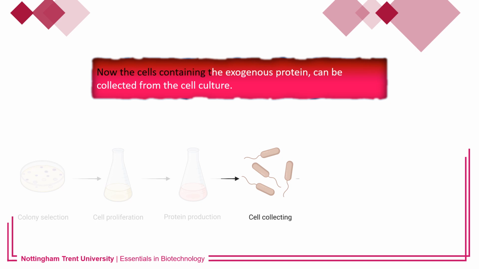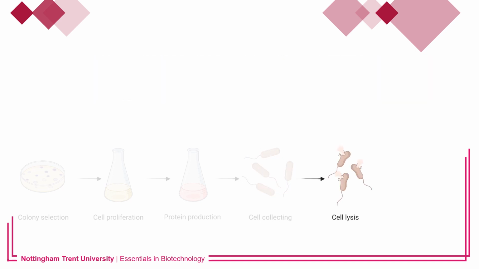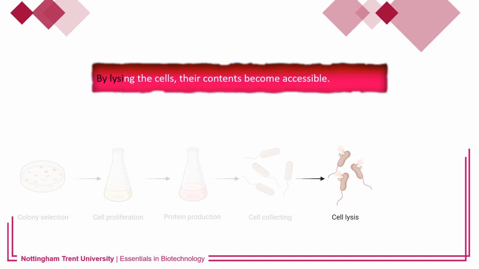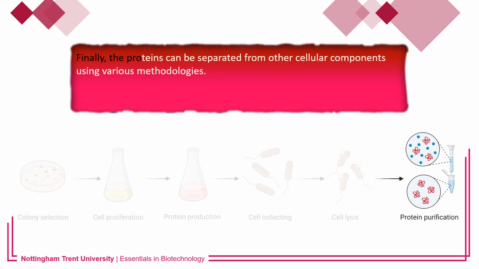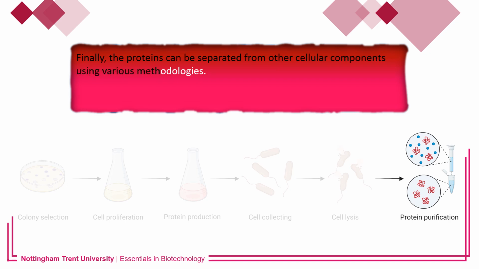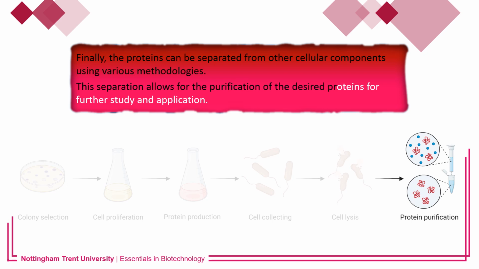Now the cells containing the exogenous protein can be collected from the cell culture. By lysing the cells, their contents become accessible. Finally, the proteins can be separated from other cellular components using various methodologies. This separation allows for the purification of the desired proteins for further study and application.